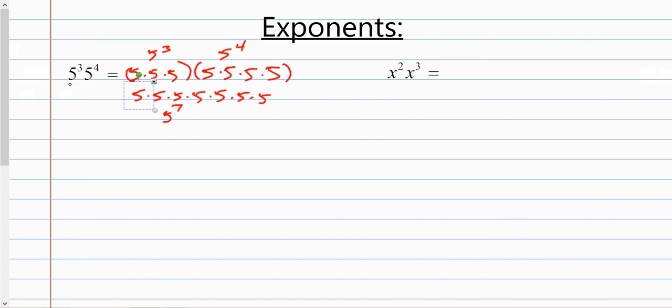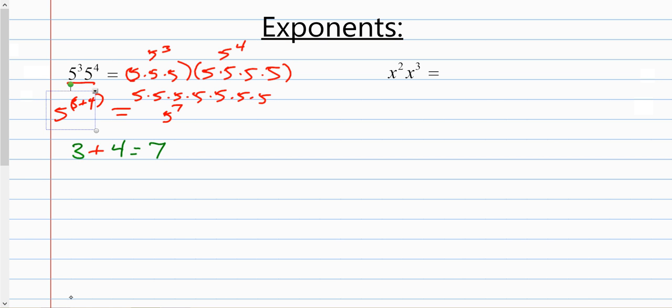But I could have gotten that just from the original expression I was given. 5 to the 3rd times 5 to the 4th. So to see what's going on there, I want to look at what happens. How do I take a 3 and a 4 and get a 7? I add them. So I could have written my 5 to the 3rd times 5 to the 4th as 5 to the 3 plus 4.